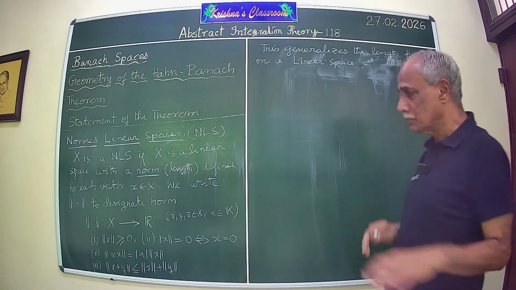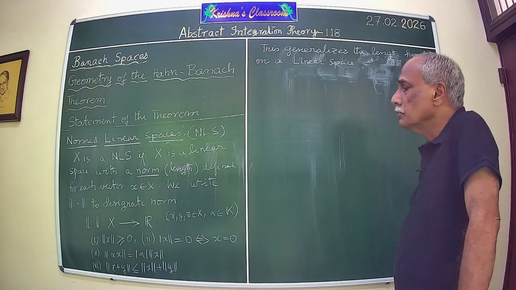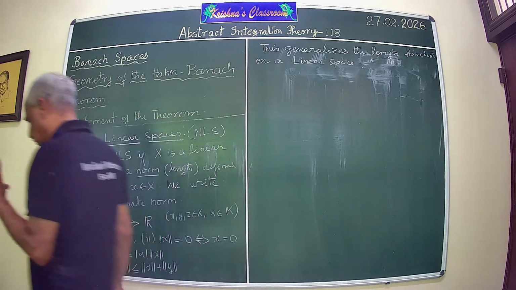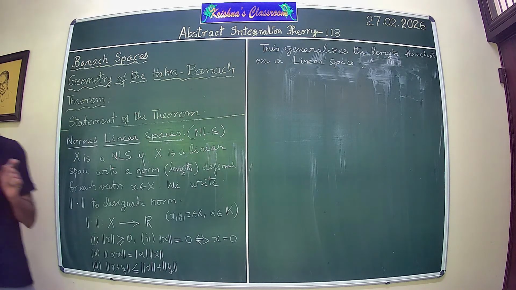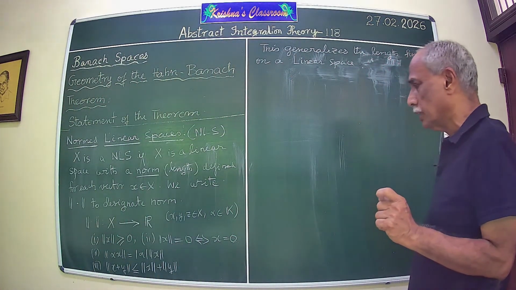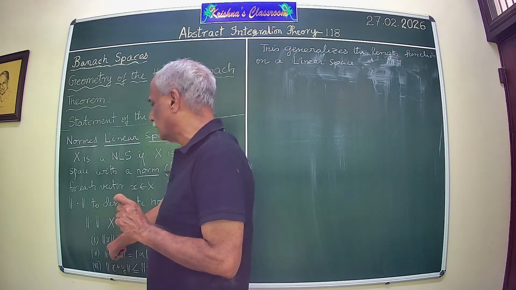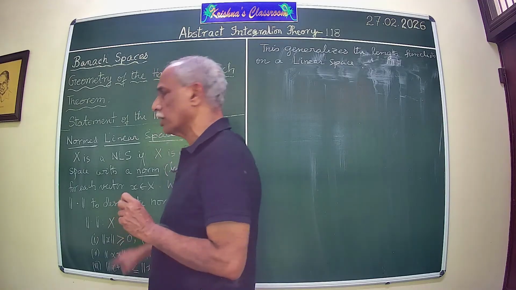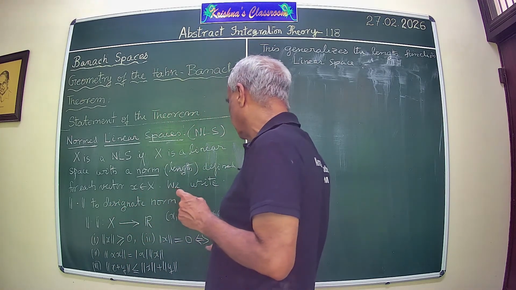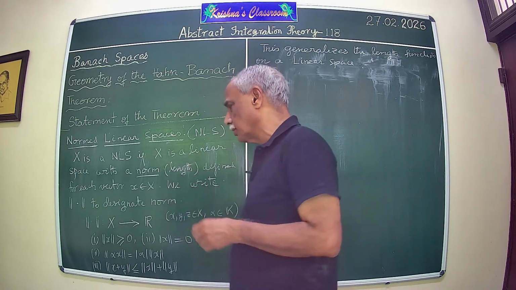Now you see, I want to make one remark here. See, there are two operations in the linear space. One, addition, and the other one is scalar multiplication. So here, you see, the first one says the nature of this is essentially a non-negative function, and it is 0 if and only if x is the 0 vector.